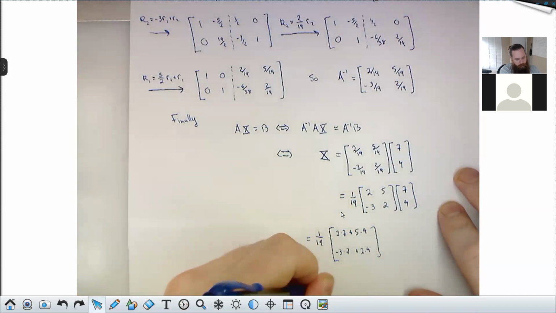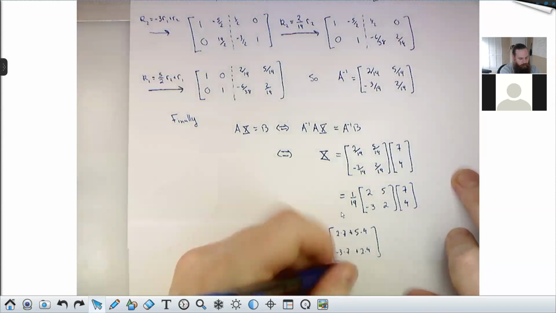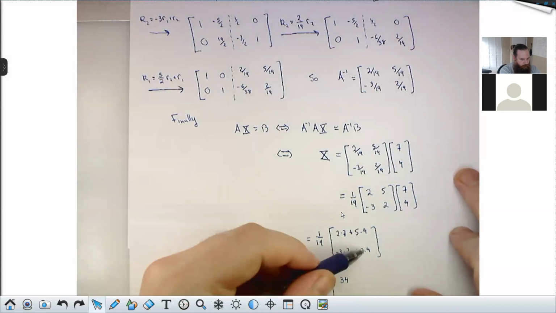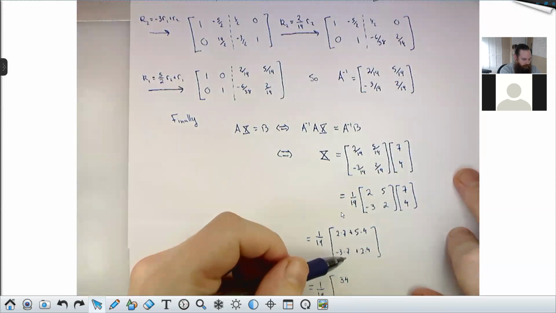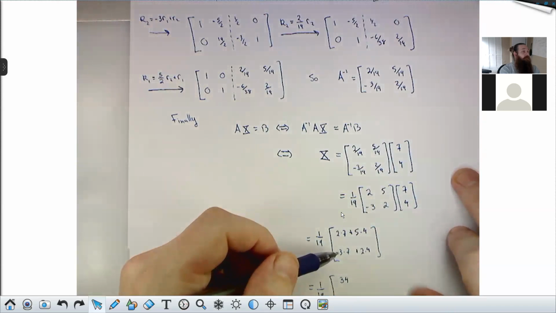This is 1/19 times 14 plus 20 is 34. Negative 21 plus 8 is 21 minus 8, 13.